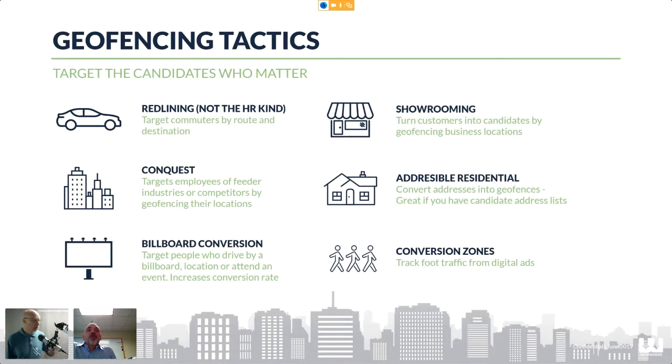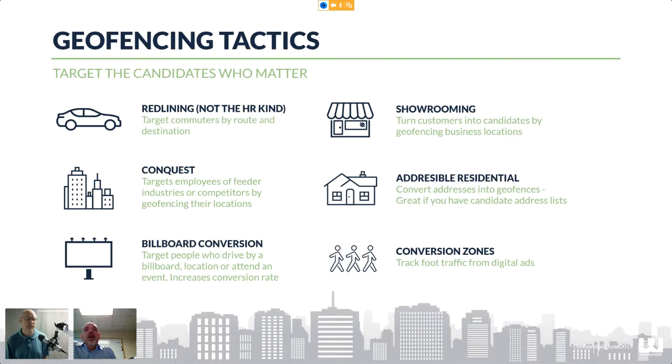So the first tactic that we use a lot here is redlining, the HR kind. It's an advertising term, not an HR term. But redlining really comes from drawing red lines on a map and measuring who crosses those lines. And so we use redlining a lot when we're targeting commuters by route and destination.